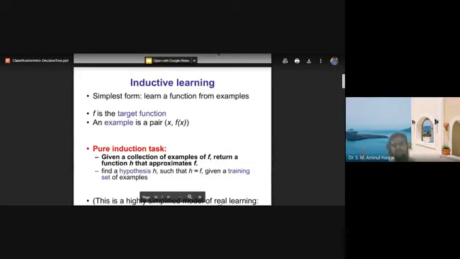So when you learn a function from examples, that is basically inductive learning. What does that actually mean? For example, we have a data set with a class label, playing games yes or no, and some attributes.